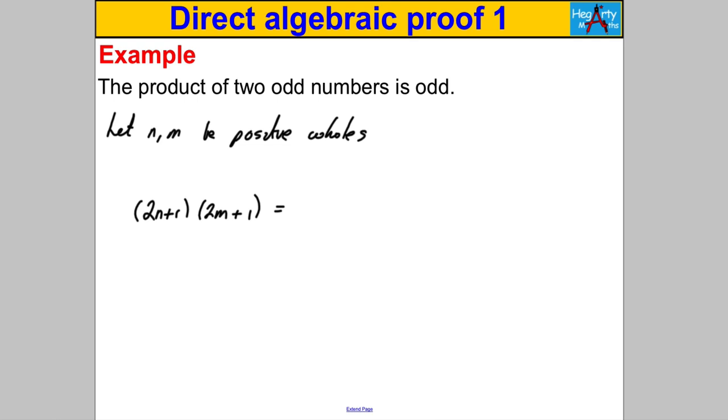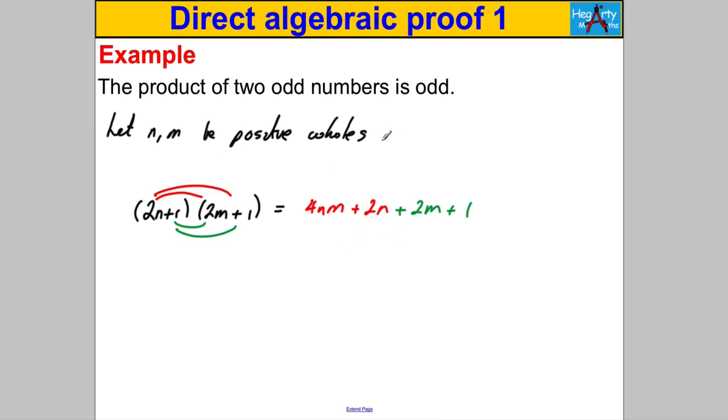Now we have to expand out the brackets. Let's do that. So we're going to get 2n times 2m, which is 4nm. 2n times 1 is plus 2n, and then we're going to multiply by 1, so we're going to add 2m add 1. Okay?